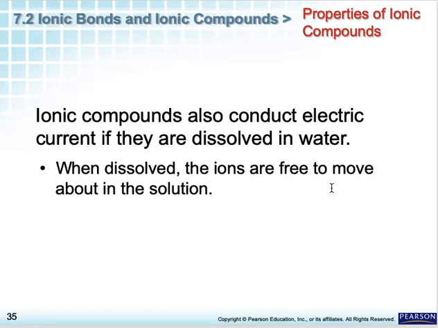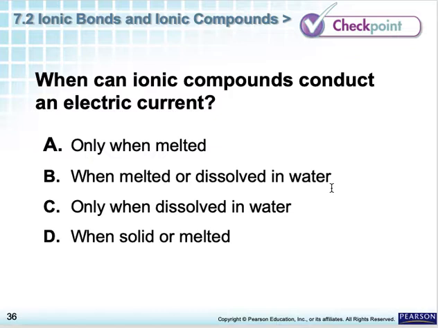Ionic compounds also conduct electric current if they are dissolved in water. And that's because, again, the ions are free to move. So you can conduct current only if they have ions or charged particles that are free to move. So I think the second one for here is going to be the answer to this question.